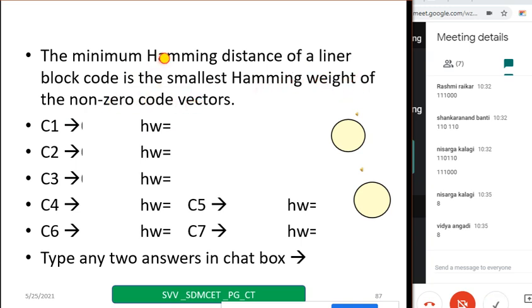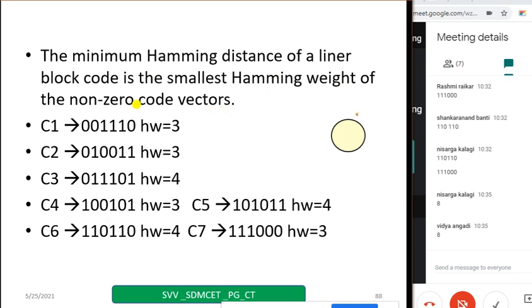I want you people to read it again. Instead of doing all those comparisons, the minimum Hamming distance of a linear block code is the smallest Hamming weight, where Hamming weight means the number of ones, of a non-zero code vector. Definitely that will be the answer.